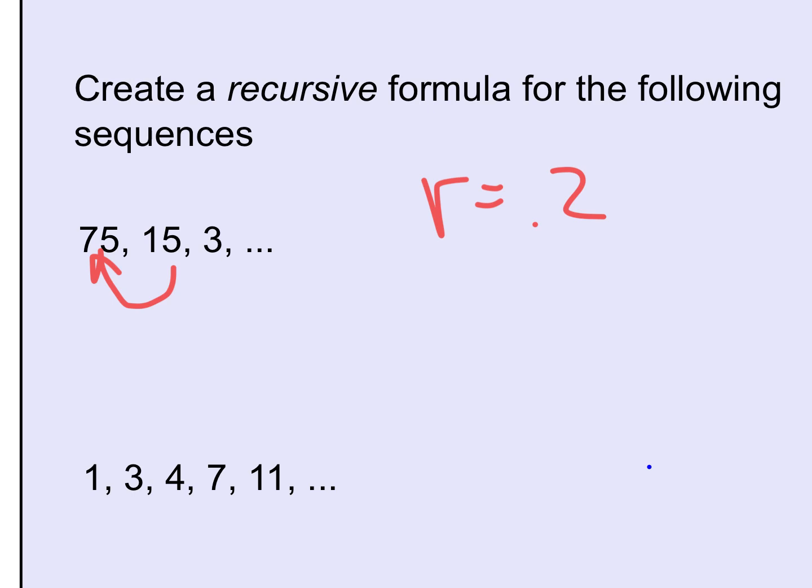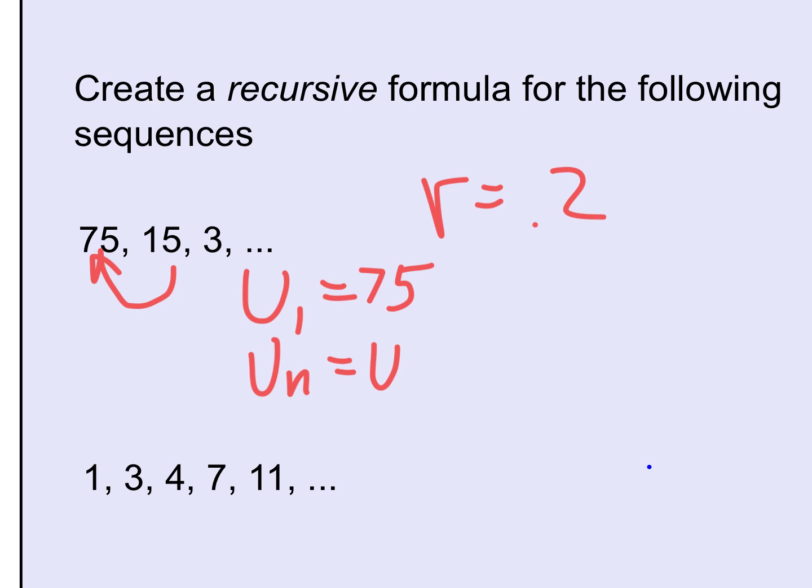Now you have to write in a little equation. U1 equals, UN equals. See if you can finish it. This is like a test question. This is how you write those little equations. Amir, what is U1 equal to? 75. And then UN equals what always comes next?